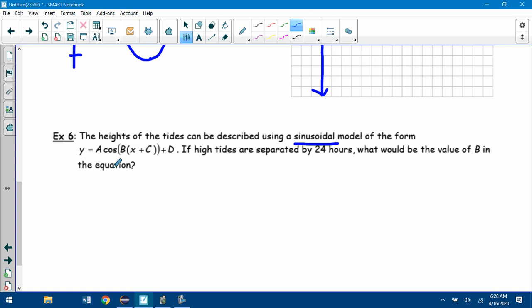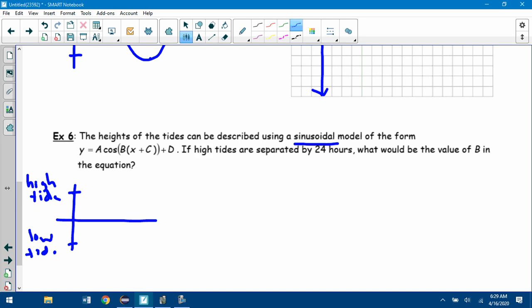Okay, so think about what they're telling you here. They're telling you it's a cosine graph. And again, sinusoidal describes sine and cosine. It's a little misleading. So it's a cosine graph. Let's say this up here is high tide. I don't know how high that is, but whatever. This down here is low tide.